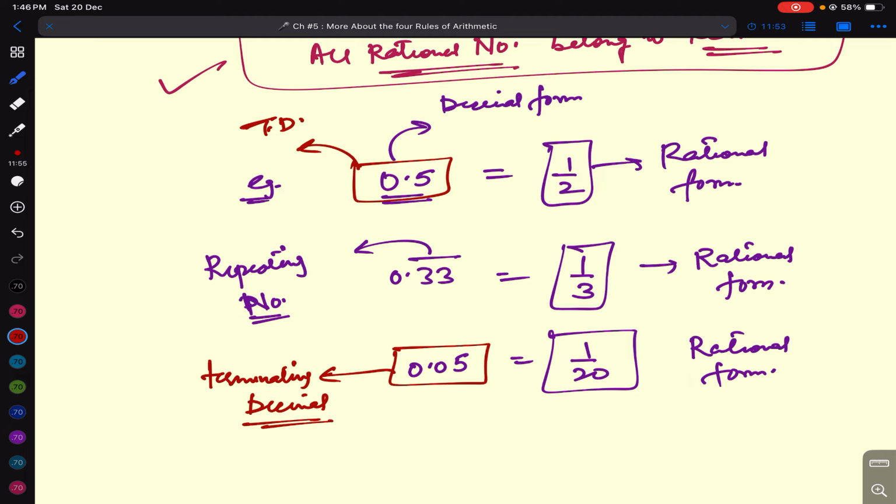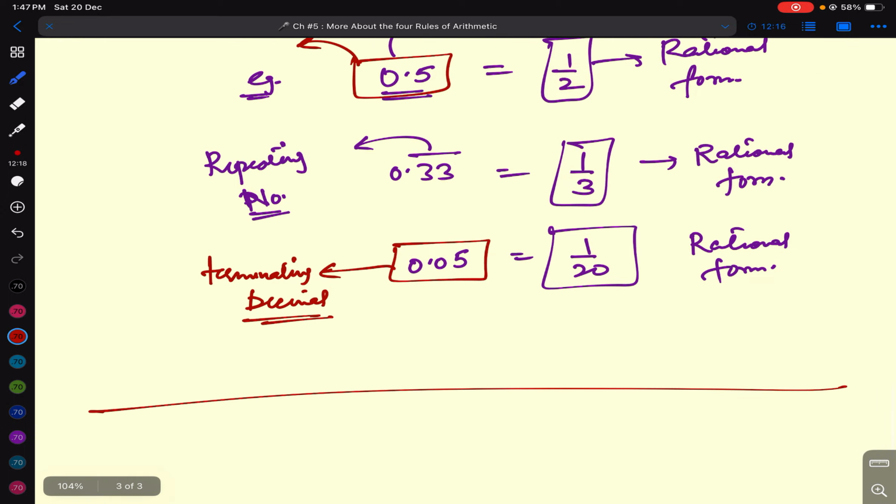We have also defined what natural numbers and whole numbers are, and how they are different from the integers. And how we represent a rational number in the form of a over b, where b is not equal to 0. So this was pretty much the summarization of lesson number 1, which is integers and rational numbers.